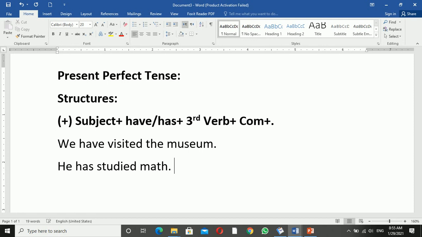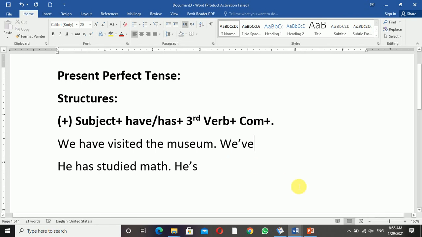A very simple example. You see, he is the subject of the sentence, has is the perfective auxiliary, and studied is the third form of the verb. The contracted forms are he's and we've, right? We've or he's. These are the contracted forms, okay?